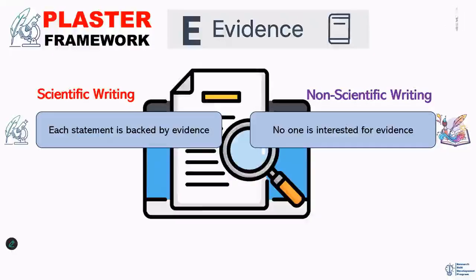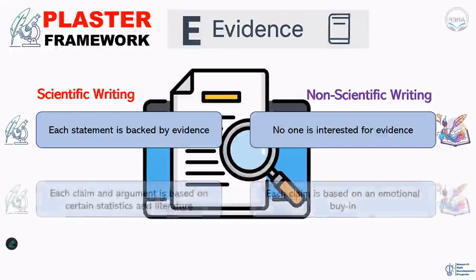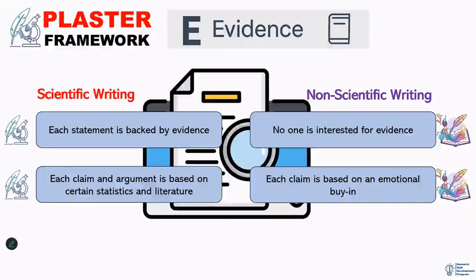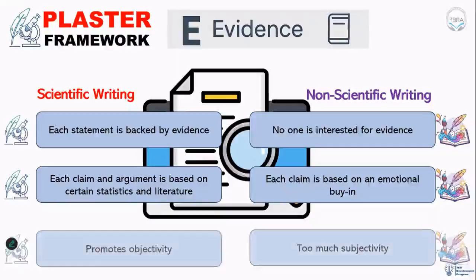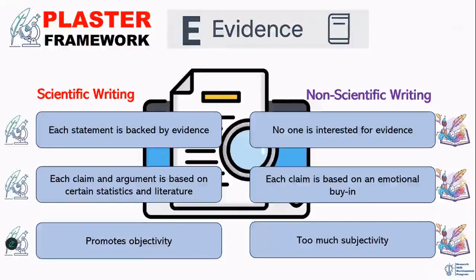Apart from that, don't use any other statement. So as a researcher, please develop the habit that any statement should be backed by certain evidence. Each claim and argument is based on certain statistics and literature. Whether we write the introduction or the discussion, it must be backed by statistics and literature of other research which has already been done. Then it promotes objectivity.